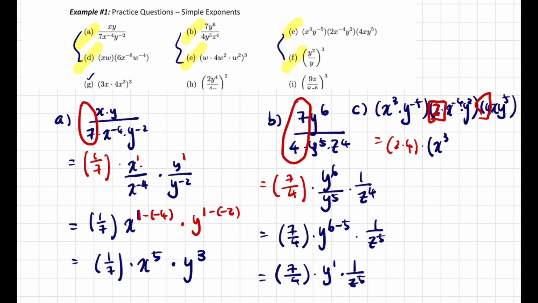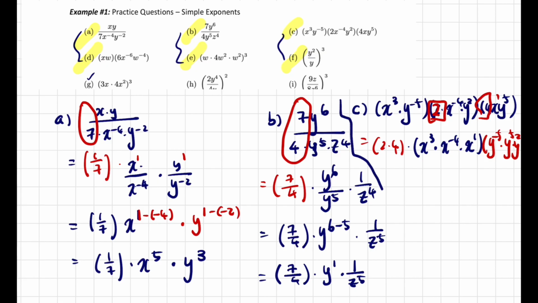So x to the power of 3 times x to the power of negative 4 times x to the power of 1. Even though the 1 is not written, we know that 1 is there, right? And we have y to the power of negative 5 times y to the power of 5 and y to the power of 2. Okay, I'm kind of running out of space, so let's try to keep some space like this.